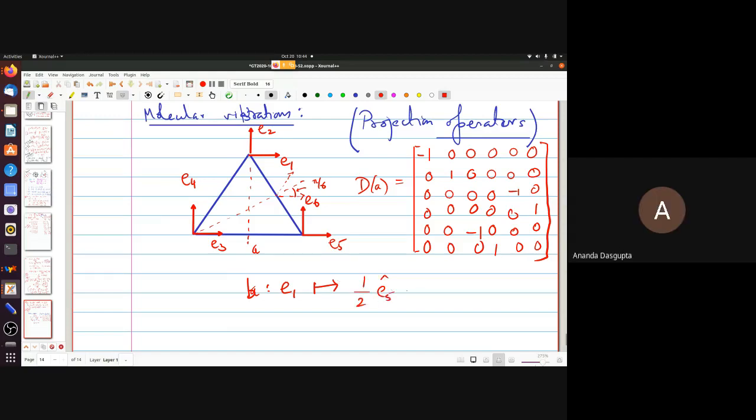I hope everybody gets that. First of all, the atom at this vertex will of course go to this vertex under the reflection. So whatever displacement you had for this essentially becomes a displacement for this after reflection. So it will be expressed in terms of E5 and E6. And the angles are 60 degrees and 30 degrees respectively with the 5 and 6 axes, which means cos 60 and cos 30. Half and root 3 by 2 will be the coefficients.